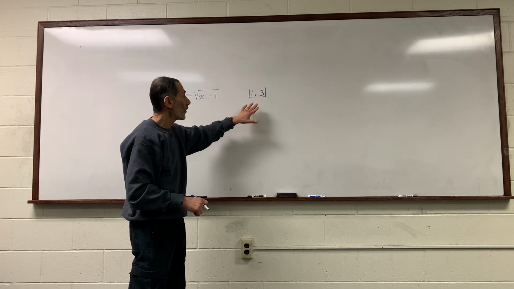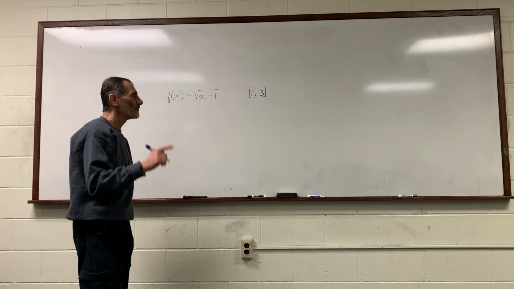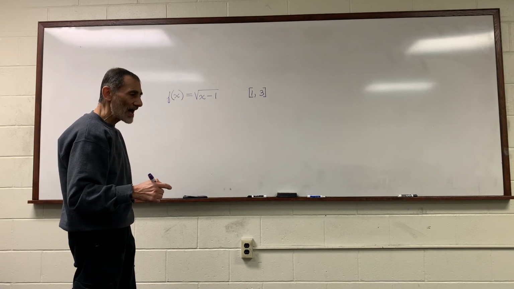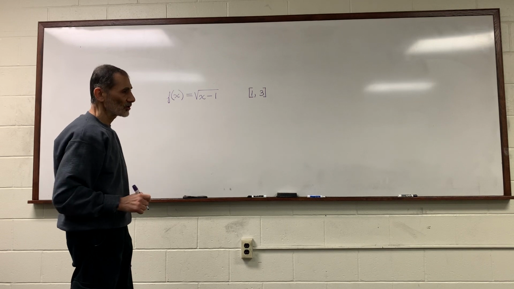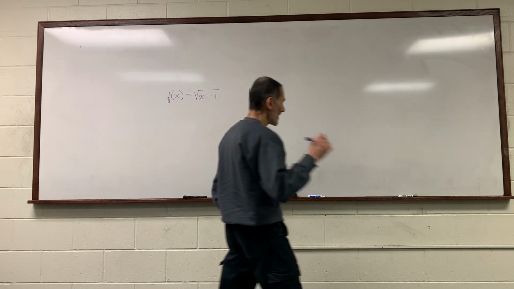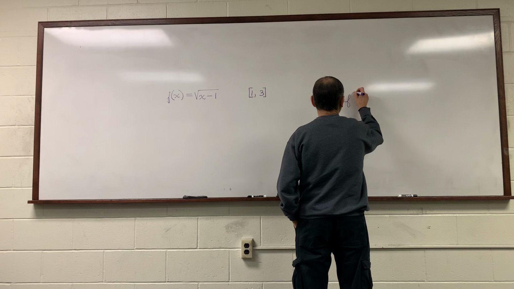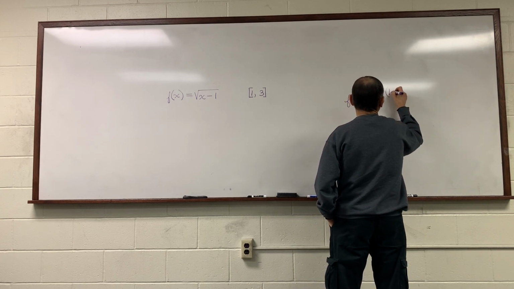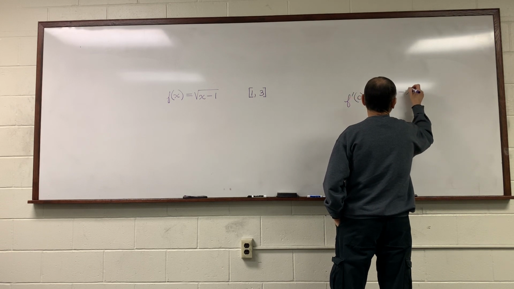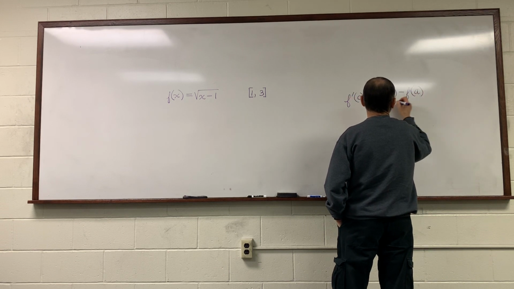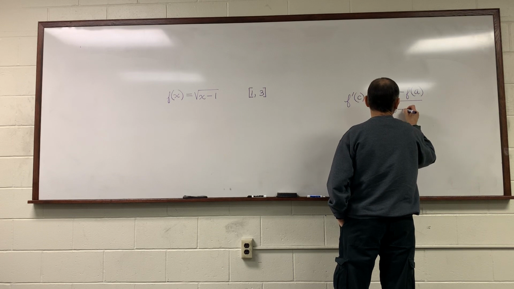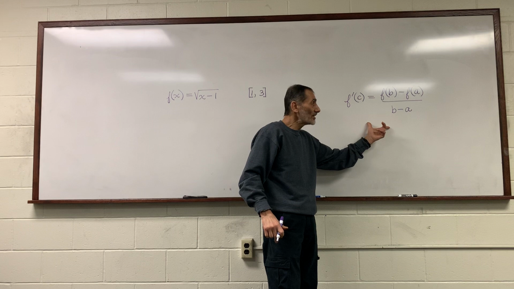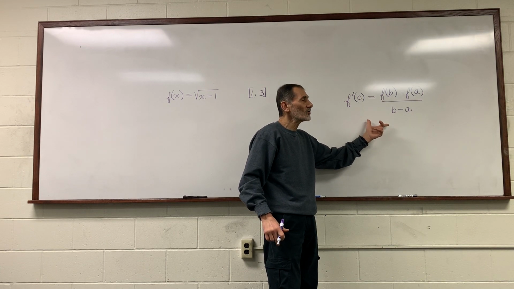Right? Given that function over that interval, find the value of c, that is x equals c, that satisfies the equation in the conclusion of the mean value theorem. And again, that equation is that f prime of c must equal f of b minus f of a over b minus a. All right? Knowing that that is the equation in the conclusion tells you what you must find.